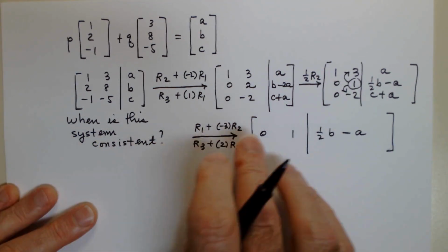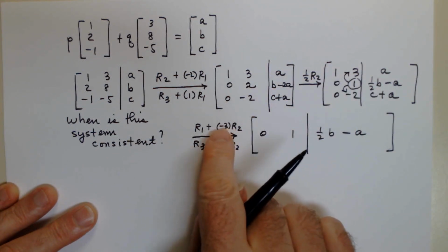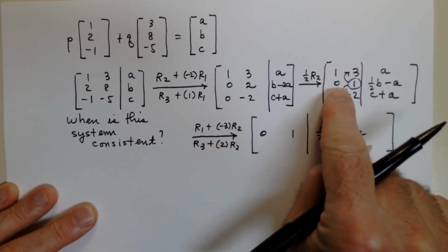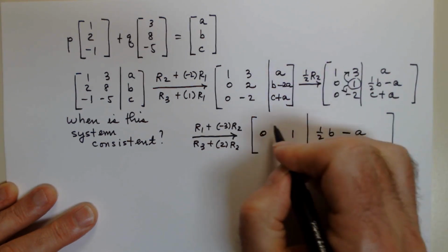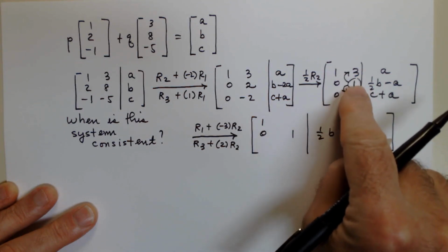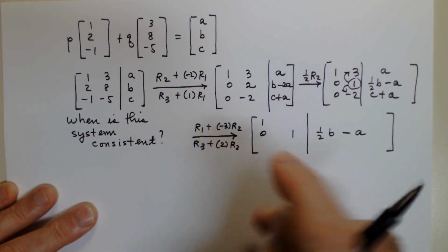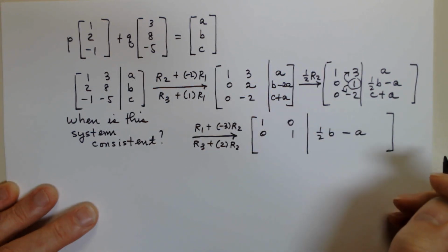Great. Now let's see the effect in row 1. I'm multiplying by negative 3 and adding up. So negative 3 times 0 is 0. Add up, that's still 1. When I multiply by negative 3 and add up, I'm going to get a 0 in that position, and that was what motivated this choice. Now we have some work to do.